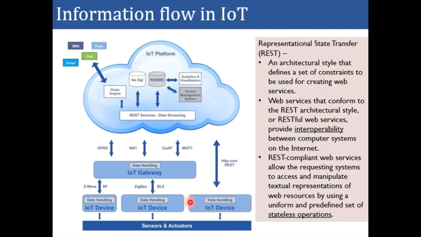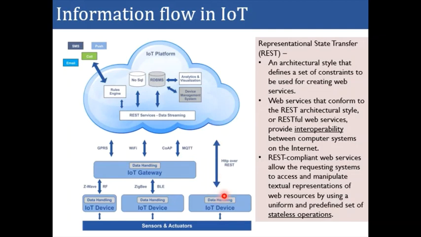When the IoT device does not have the IoT gateway nearby, then the IoT device has to be configured in such a way that it can share data directly to the remote application or maybe the cloud. So for that, the most commonly utilized architecture is the RESTful API.